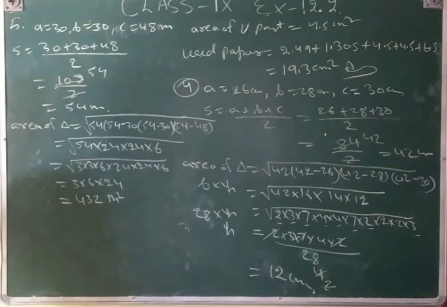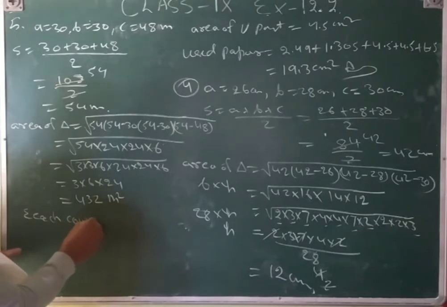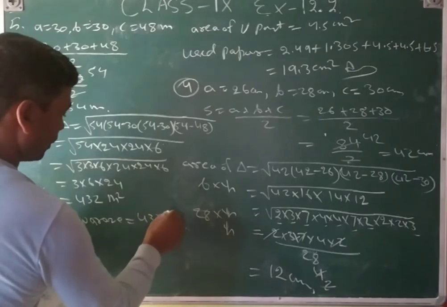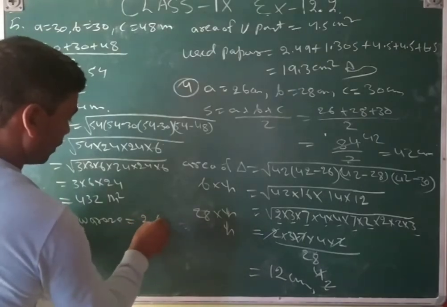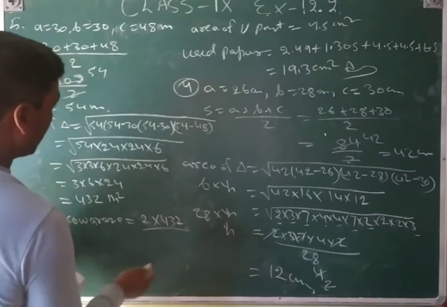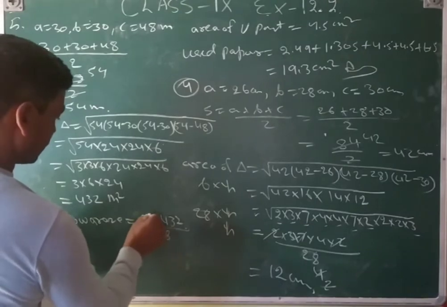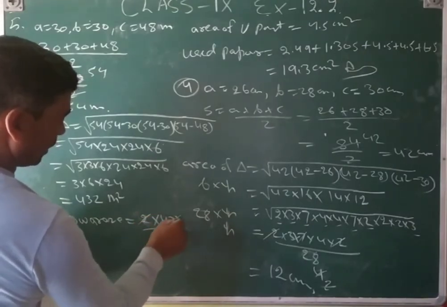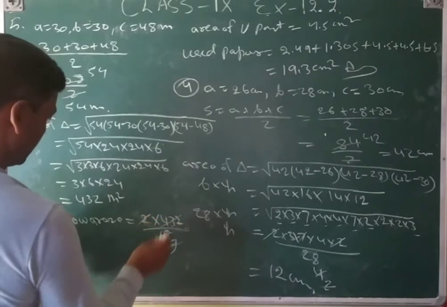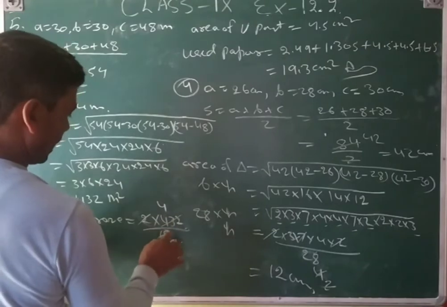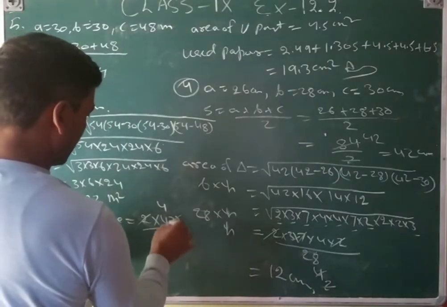So each cow grazes an area equal to, since two triangles are there, 2 into 432, because there are two triangles in the one rhombus, and then there are 18 cows. So 2 9 is 18, 18 by 9 is 2, 9 4 is 36, and then left is 4 7 is 72, 9 8 is 72.